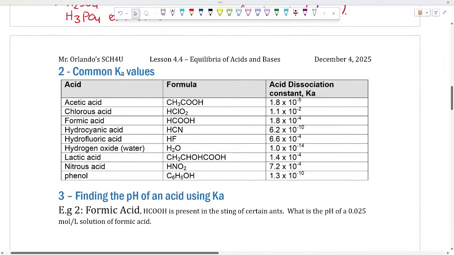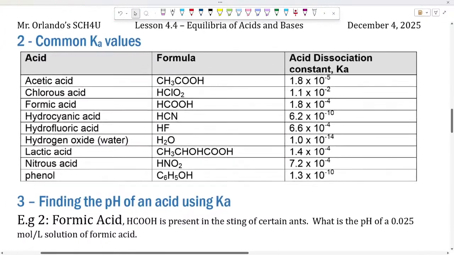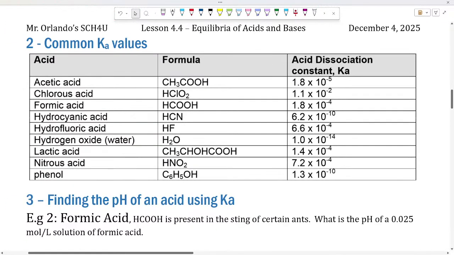So if you look here, I gave you just some common acids. You can look up a table of 1,000 acids in a textbook, and it will give you all of their Ka values. This is a list of just some of the most common ones.